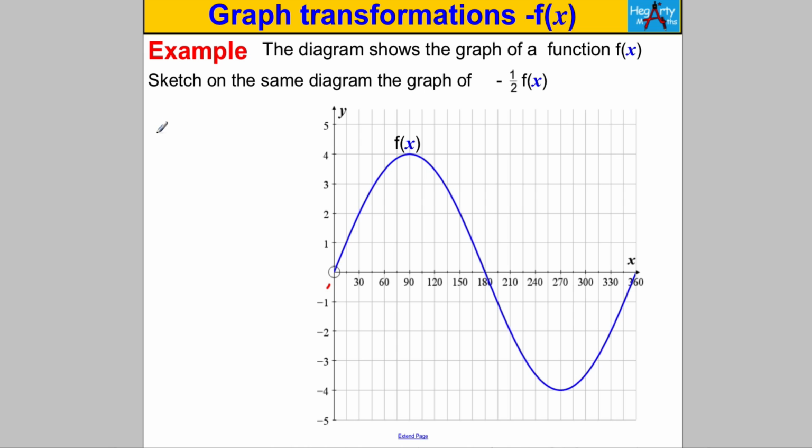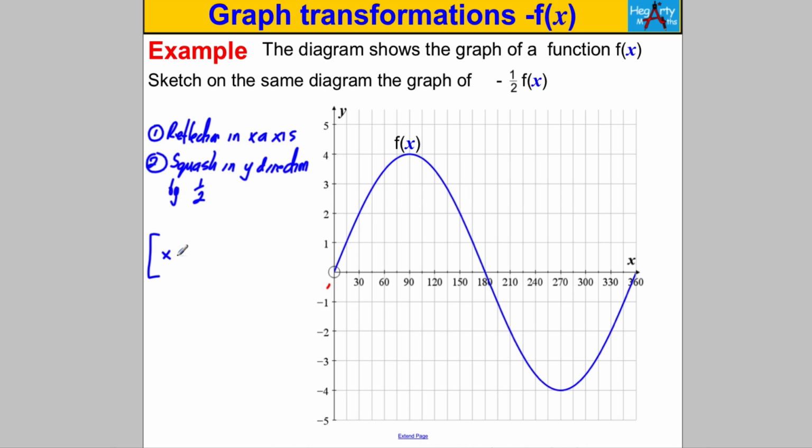On the one hand, we have a reflection in the x-axis, and also, because we're multiplying by that half, we're also having a squash in the y direction by a half. In one move you can think of it as multiplying all the y numbers by negative a half. That's another way of thinking about it that will help you do that.